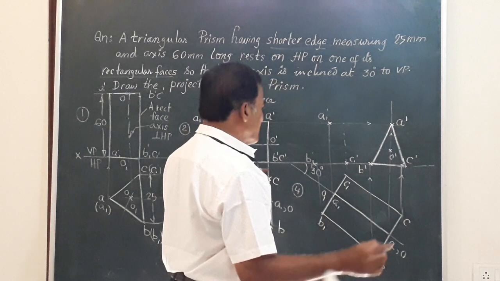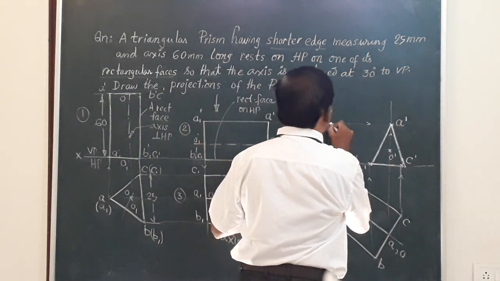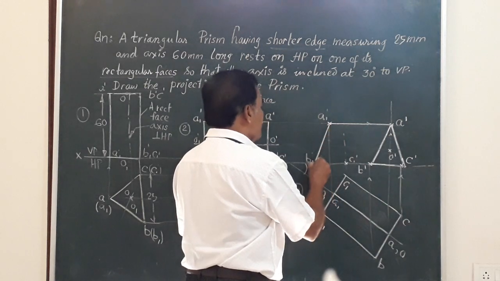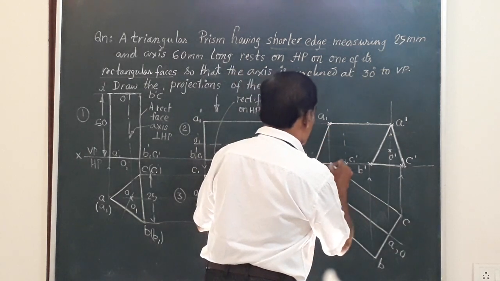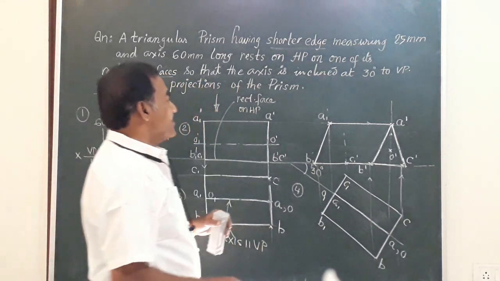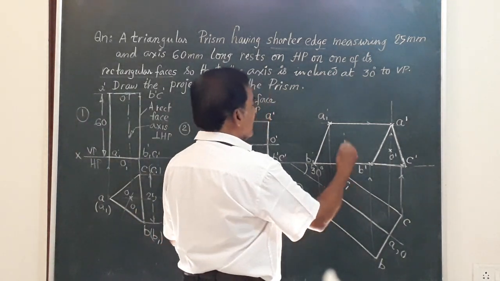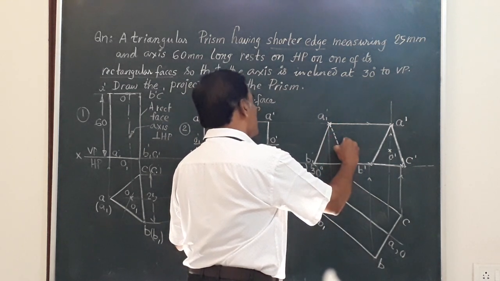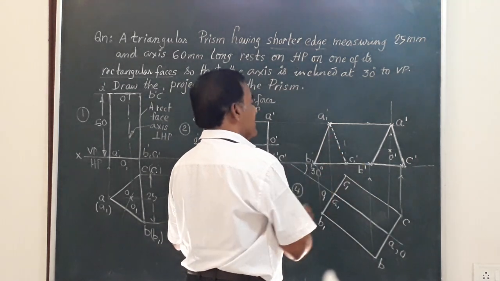So here, as per the rule, the borders of the solid are visible. So I join by a full line, I join this by a full line, and this bottom line is a full line. And now friends, you can see the edge AC is not visible to the observer, and hence I show this by an invisible line.